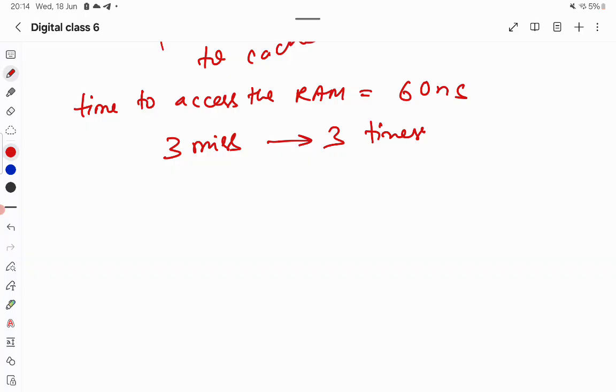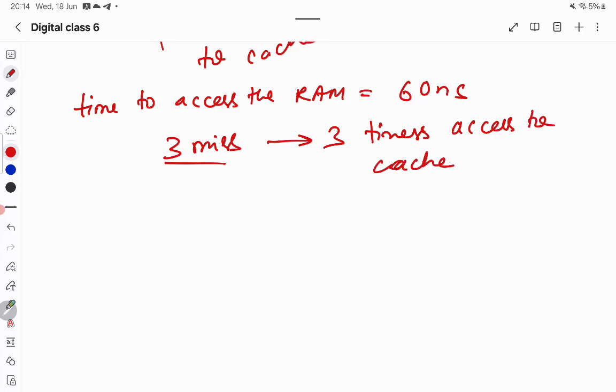Since the information is not there in the cache, obviously where will you go? There is nothing in the cache, so we have to go to the RAM. Yes, perfect. So whenever there is a miss, we go to the RAM.